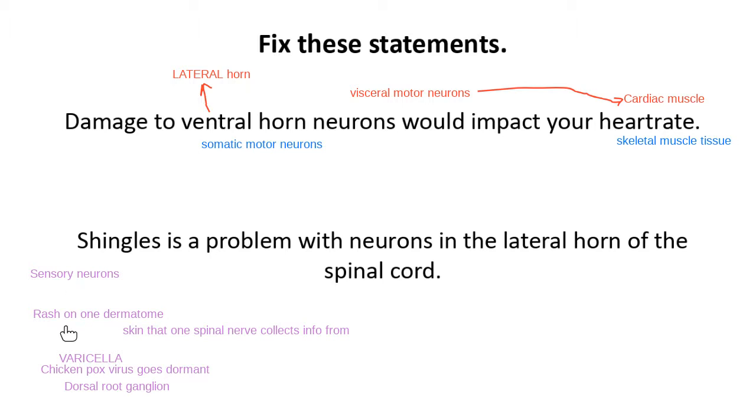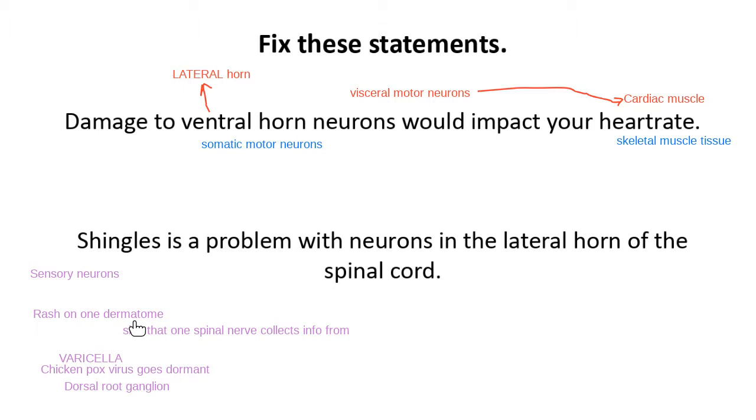That causes the rash you see on the skin, and that makes it really painful. So shingles is a very painful condition. Literally, we're killing or exploding sensory neurons when this virus replicates, and it goes out to the skin where that neuron was collecting information from.